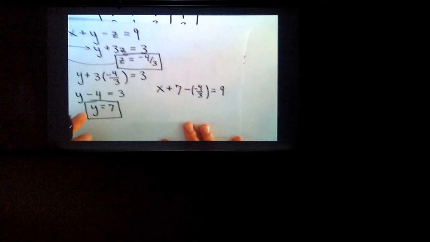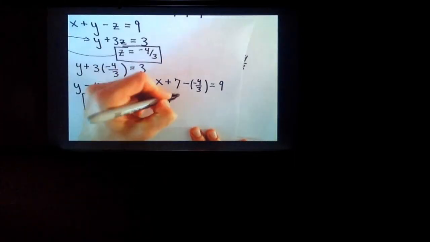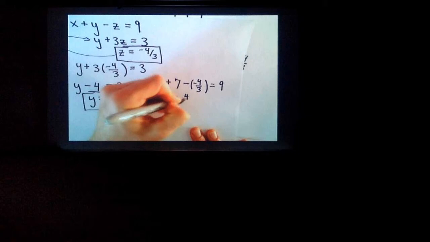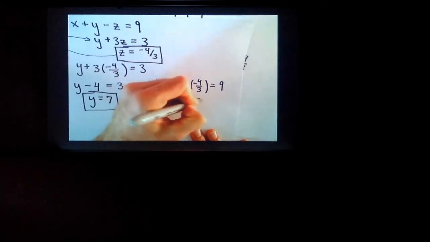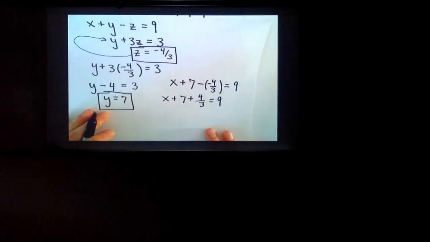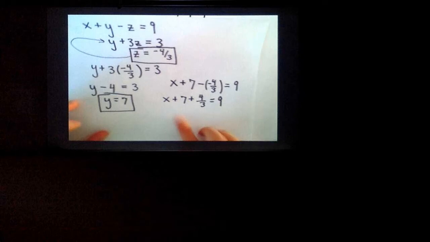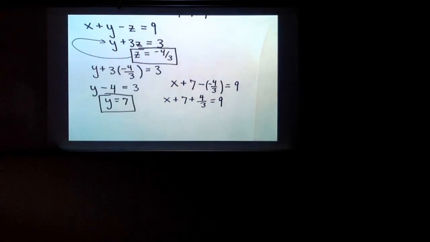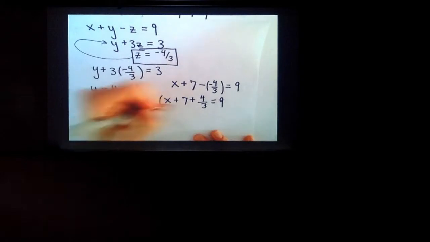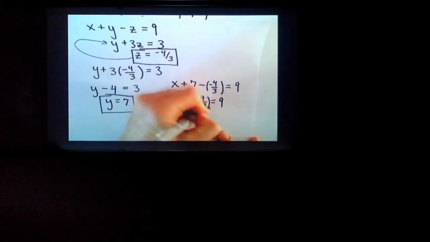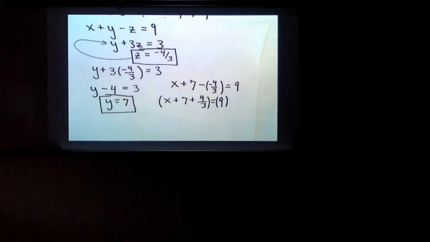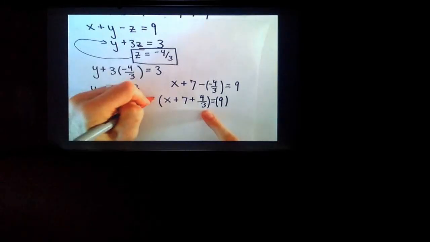Alright, so very close here. We've got x plus 7, plus 4/3 equals 9. And you can always get common denominators and add and subtract fractions. I'm going to get rid of the fractions, or I should say fraction, by multiplying both sides by positive 3.